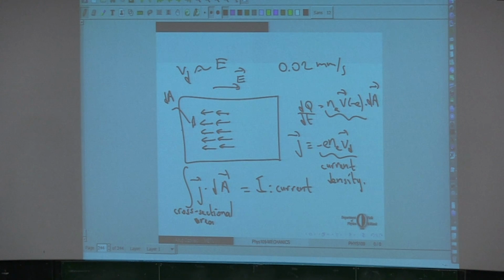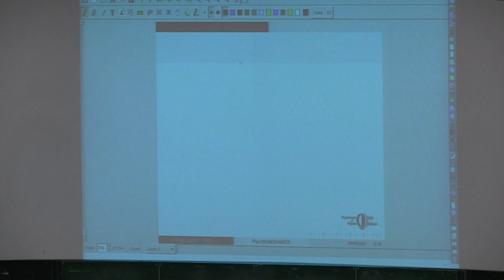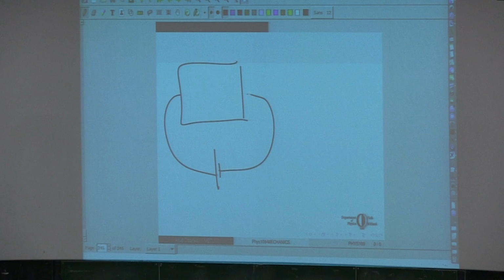So I have, well, let's see. This was our conductor. We connected it to a battery. So there's some current running through the battery. We know that the current is proportional to the electric field inside, which is proportional to the potential difference across the battery or across these two systems.